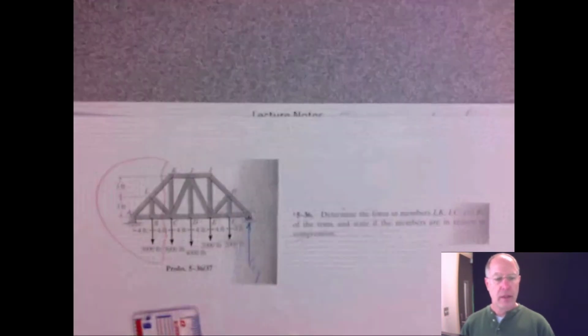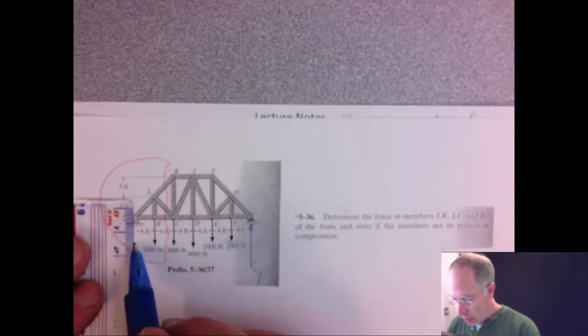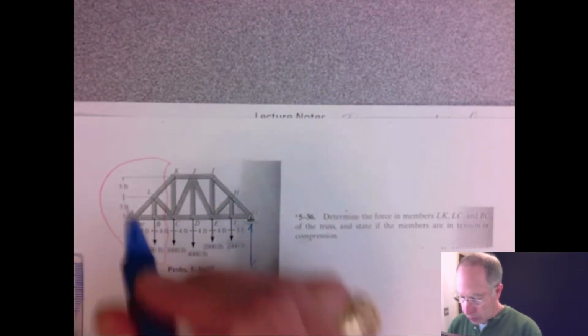So we have a reaction at G. This is on rollers here, so we have a vertical reaction force at G, call it GY. And A is a pin, so it's got two reaction forces, one vertical and the other horizontal.